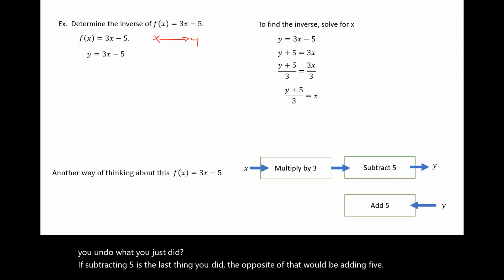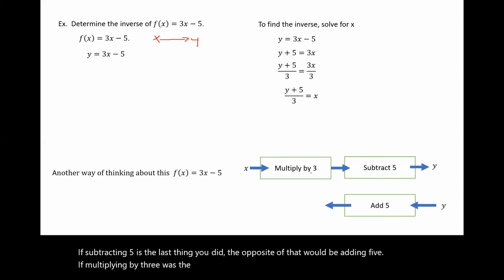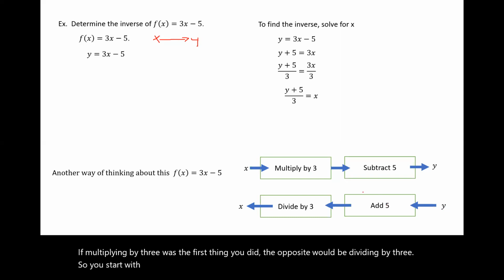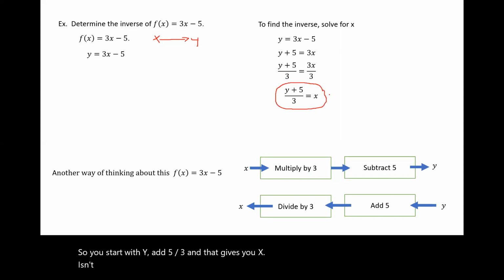If multiplying by 3 was the first thing you did, the opposite would be dividing by 3. So you start with y, add 5, divide by 3, and that gives you x. Isn't that delightful? All we did is undo what we did going forward.